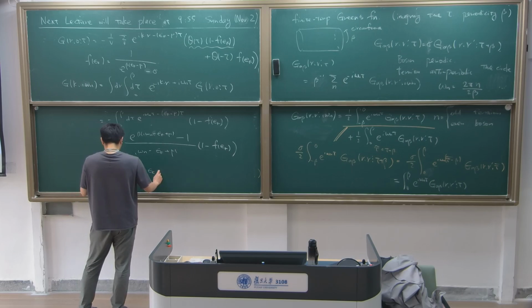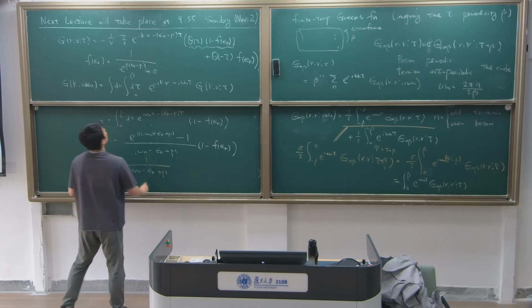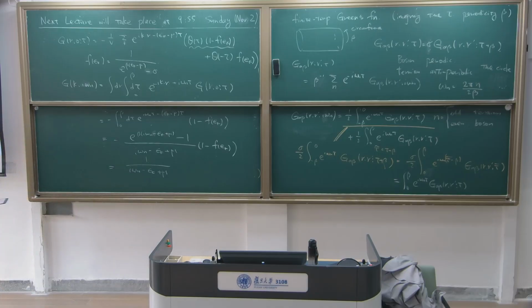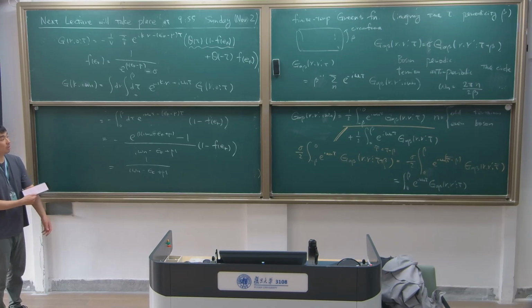k plus mu divided by plus. So that's the Fourier transformation of this Green function. It's very simple.